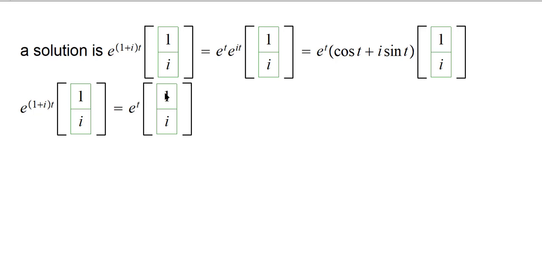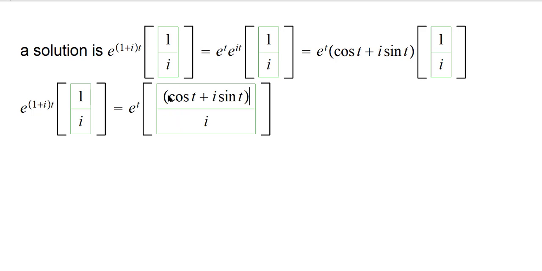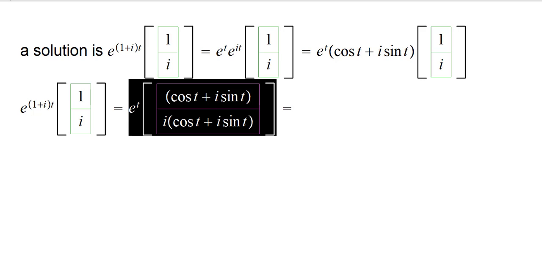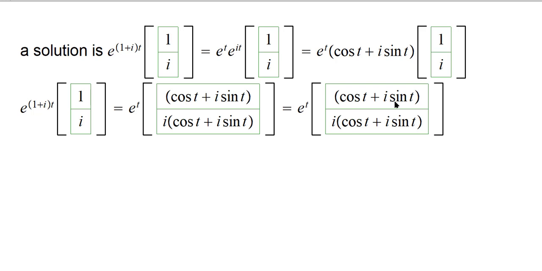Here 1 times this is this vector, and then we have i times the same quantity. If we write them separately, we get i cosine t, and then i squared sine t.